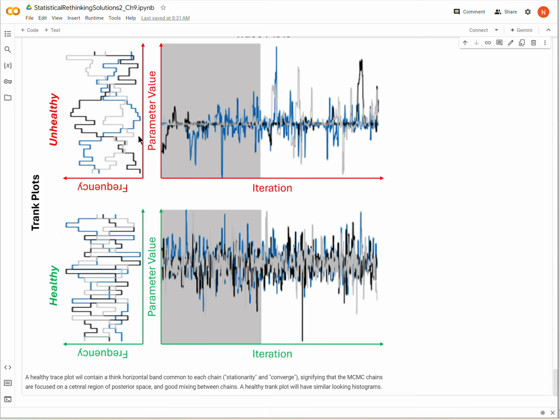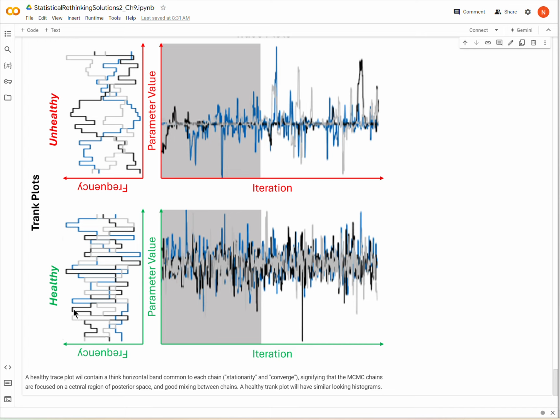Now if we go to the corresponding healthy Trank plot, remember, this is just kind of a histogram. It's not quite, but close enough. It's overlaid histograms, and basically the histograms should look very, very similar. They should be well mixed.